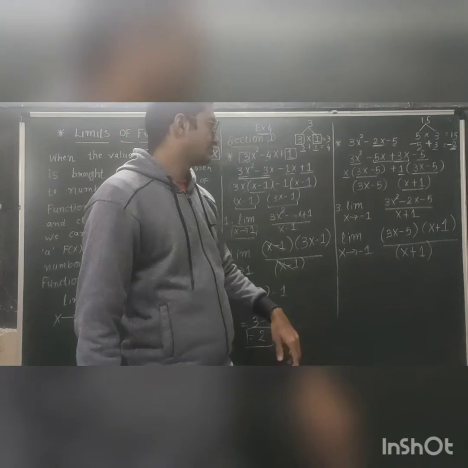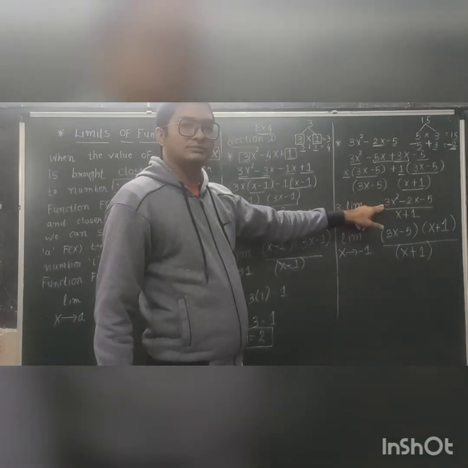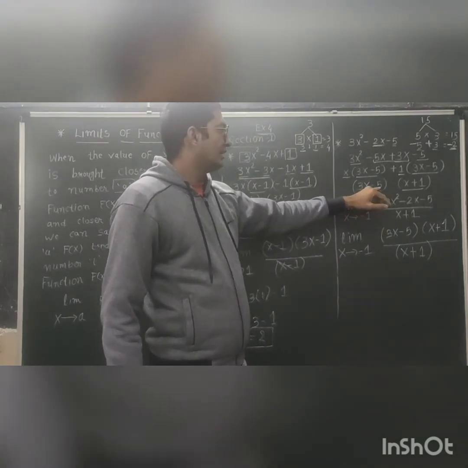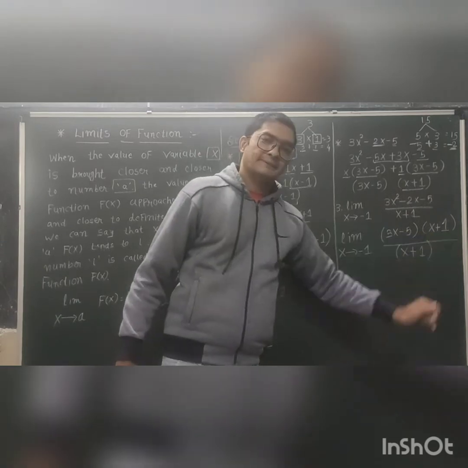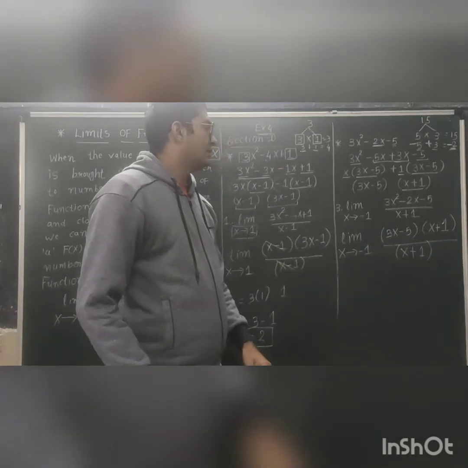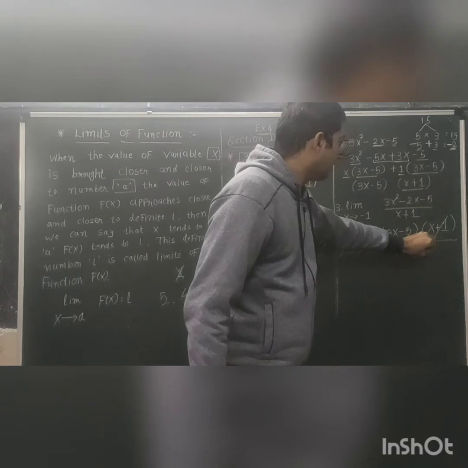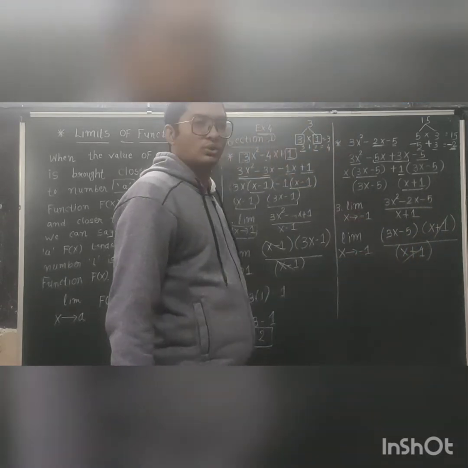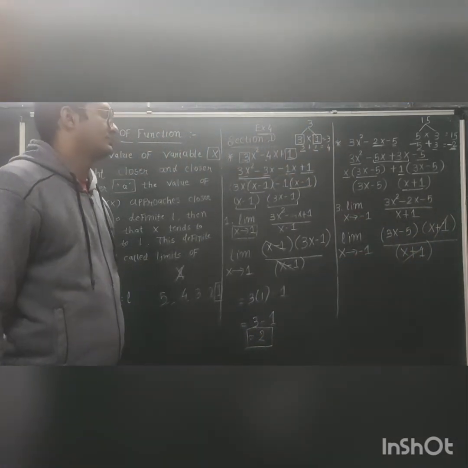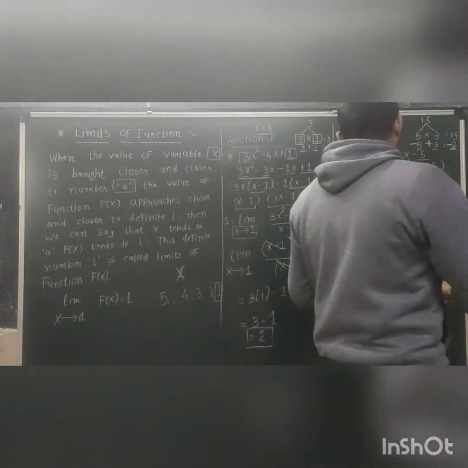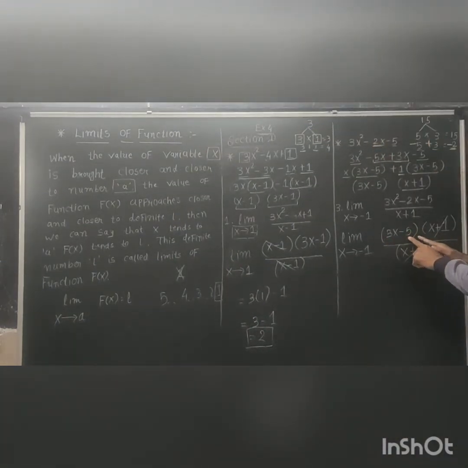Understood? Instead of this, I have written this. Now x plus 1 is the common value, so the final expression is 3x minus 5.